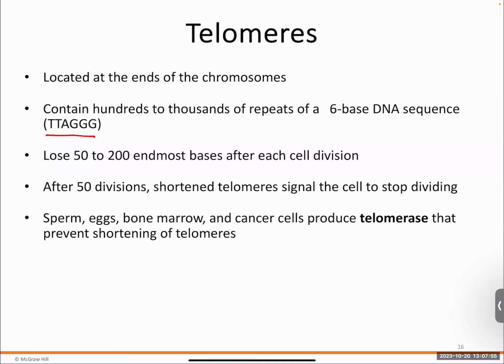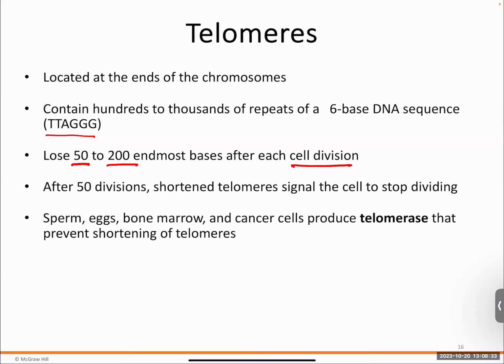Here's the sequence: T, T, A, G, G, G. Their length differs depending on the cell, but every time the cell undergoes cell division, so one complete cycle of interphase and mitosis, you lose about 50 to 200 nucleotide bases at the end of your chromosome. In another sense, every time cell division happens, the chromosome gets shorter.